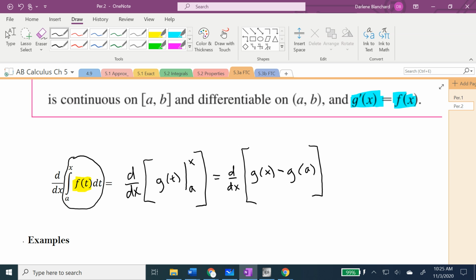And now I'm going to think about the fact that I'm going to take the derivative of g with respect to x. And then I want to take a good look at what this actually is. If I plug a constant into a function, I get another number out. This is a constant.